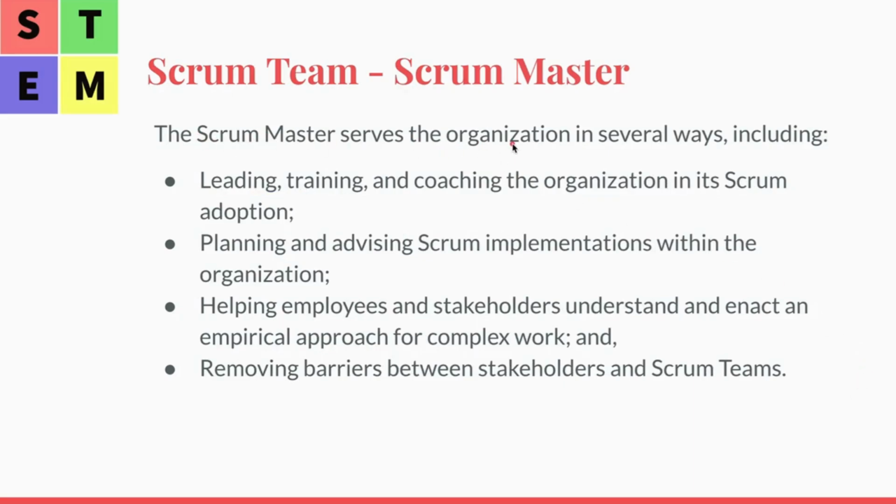The Scrum Master serves the organization in several ways. That includes leading, training, and coaching the organization in its Scrum adoption. It usually requires the Scrum Master to coach the organization, because for a successful implementation of Scrum, the organization needs to adapt according to the Scrum methodology.